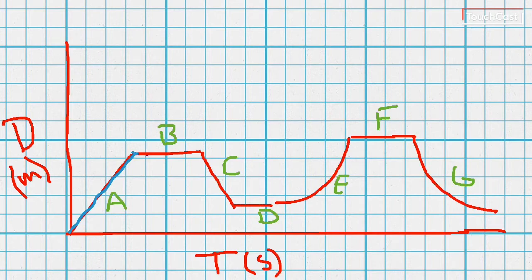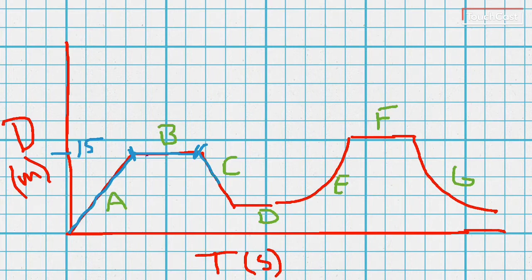Next you have B, and it's a flat line. Any flat line in a distance or displacement versus time graph is going to be no motion. Let's say this person was 15 meters away here, and now they're still 15 meters away, so they haven't moved. At point B, a flat line, no motion.